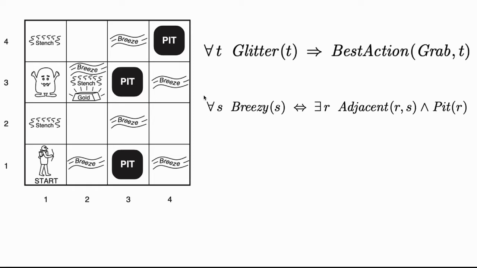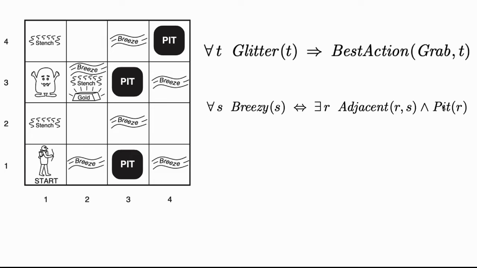This is what this sentence is conveying, and this is what we know from the rules of the game also, that if a particular cell is breezy, then at least one of the adjacent cells will have a pit.